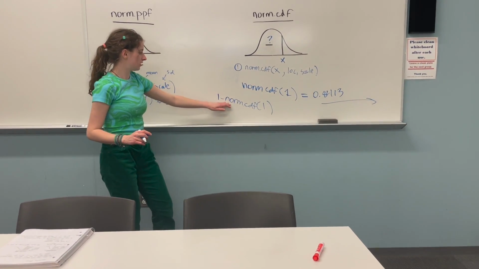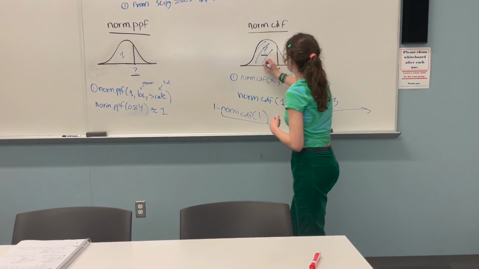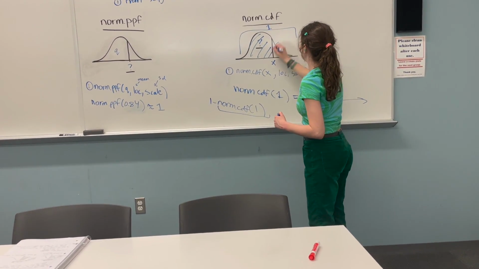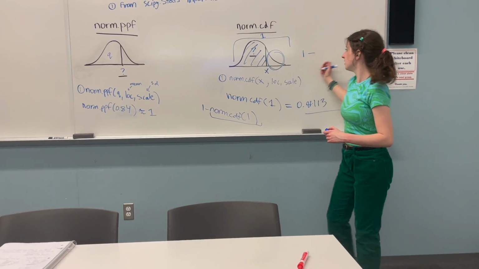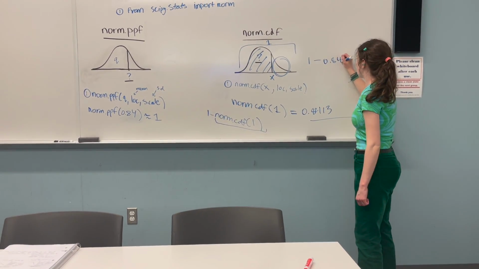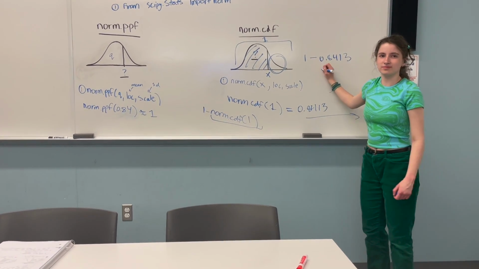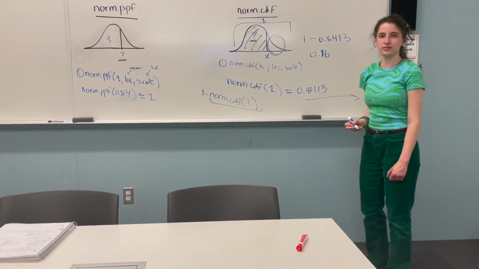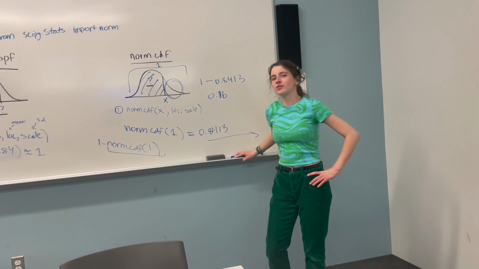Because this part covers this, and if this whole thing is 1, we can get this area by doing 1 minus the area here. So that would be 1 minus 0.8413, which is about 0.16. Is that right? About. Okay, that's about right.